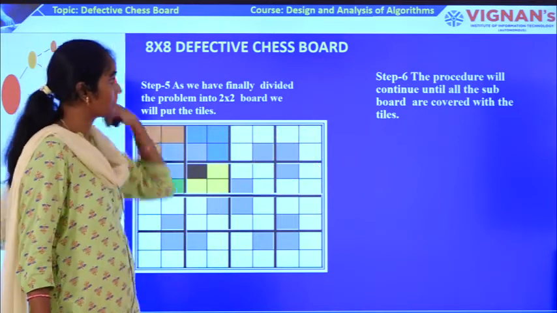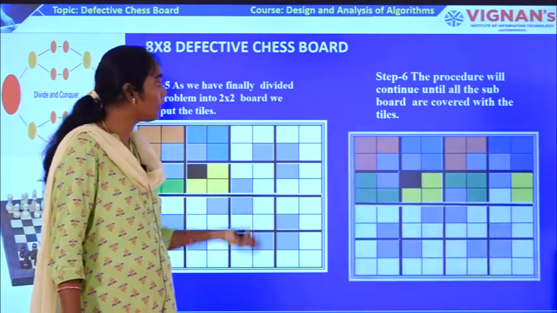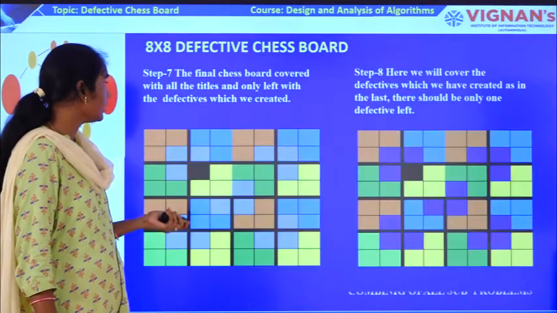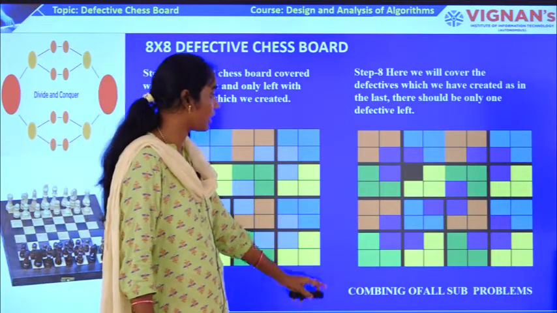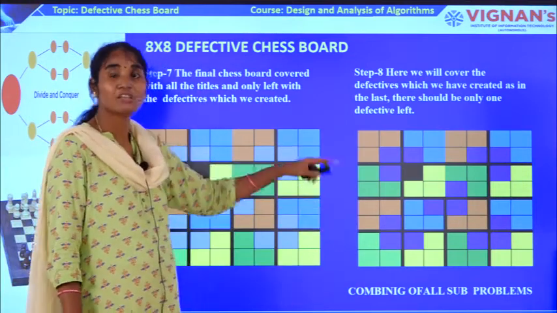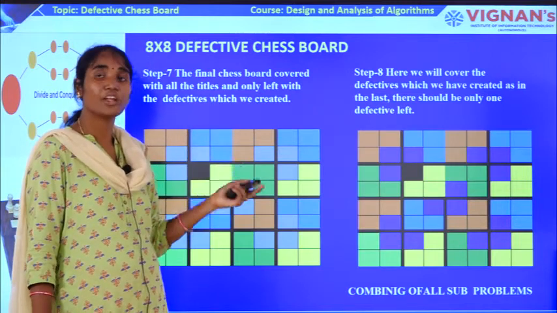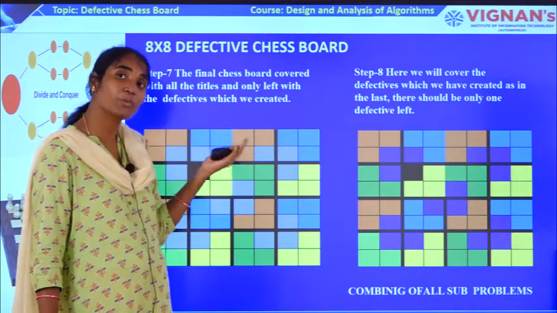Now step 6: the procedure will continue until all the sub-boards are covered with the tiles. Here is the final solution, combining all the sub-problems. Initially 8 by 8 is given to you, and it is first divided into 4 by 4 chessboards.